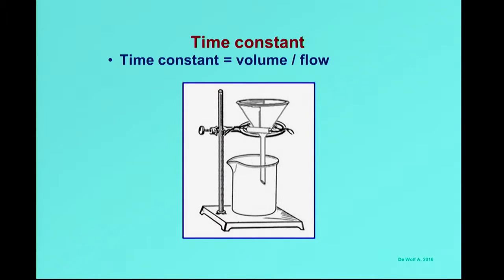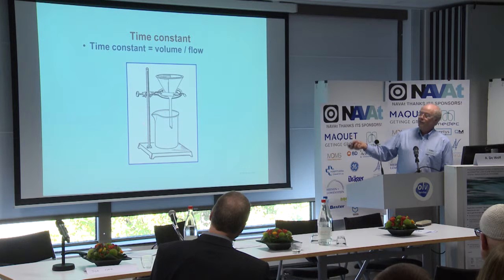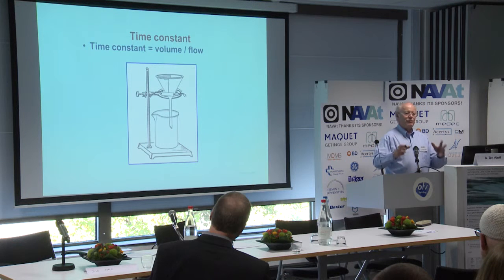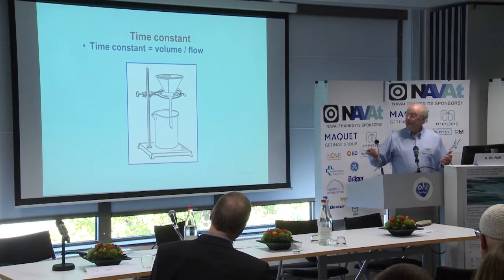My analogy, which I came up with this morning when I was having a cup of coffee: the bottom here is your cup of black coffee, and the top here is you pour milk in at a fixed rate. How fast does the coffee disappear from your cup, and how fast is it replaced by white milk? That is very easy to understand.